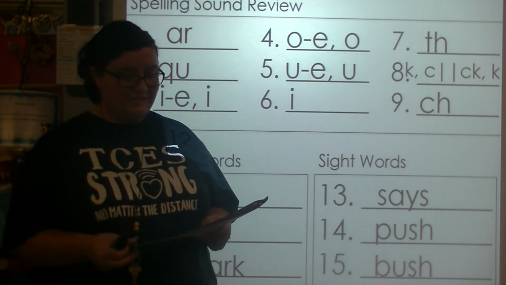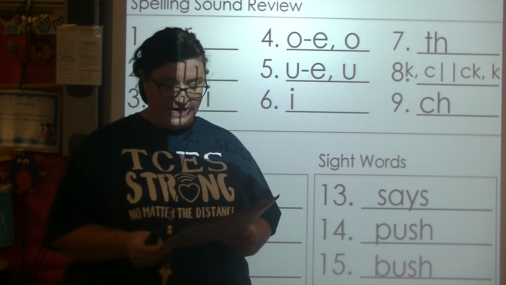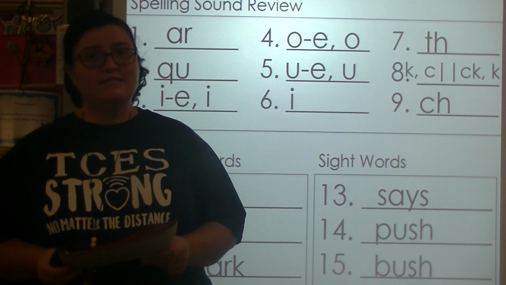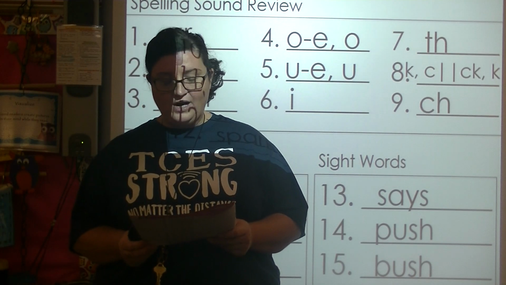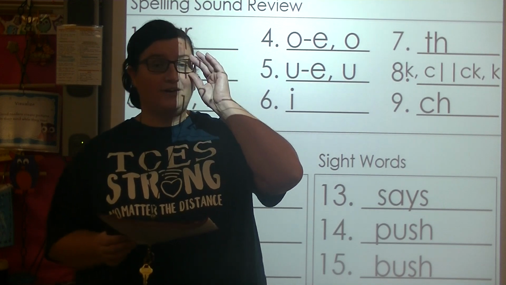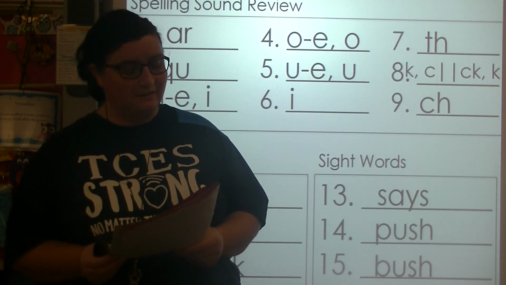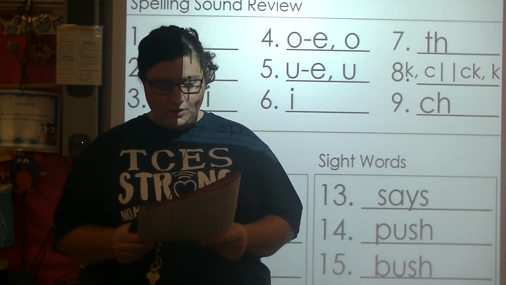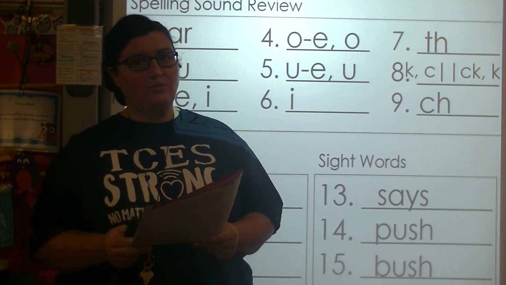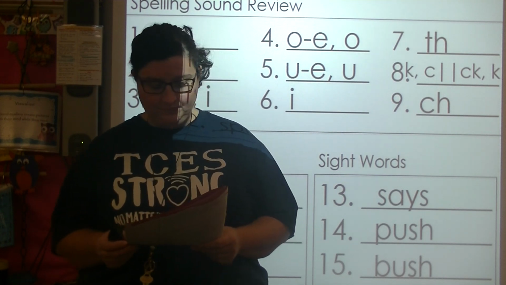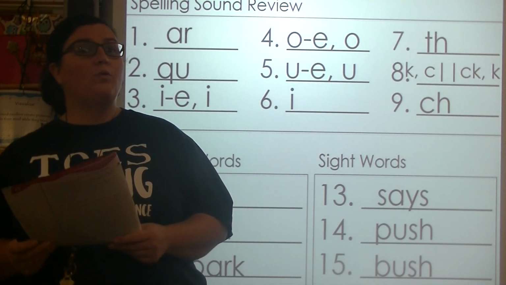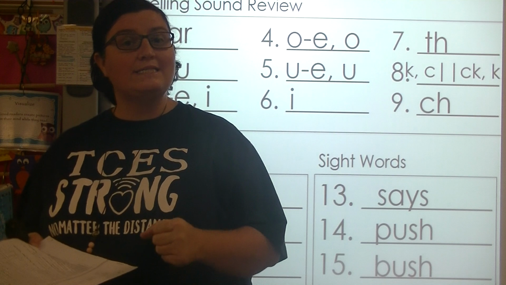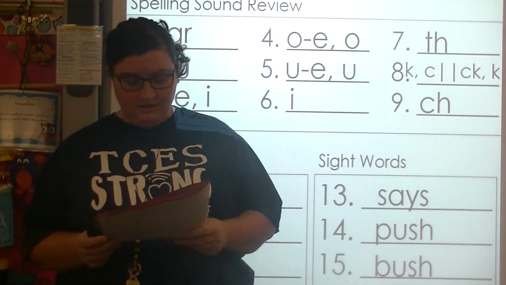Now we're going to do something a little different today when we write our sentence. We're going to write dialogue in our sentence. Can you say dialogue? All right, dialogue is when you show the exact words of a speaker. That means you write exactly what someone is saying.